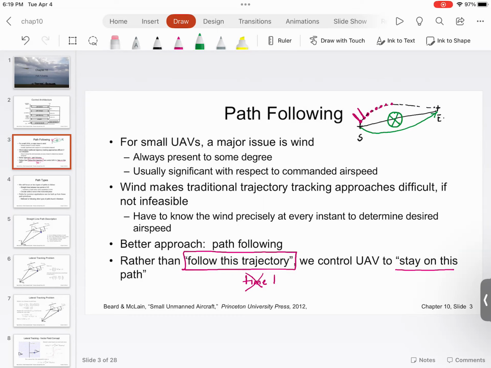So you can make your algorithm very smart, but at the end of the day, the output of that algorithm must be this series of waypoints that you should be programming inside the autopilot so that the UAV can go from the previous waypoint to the next waypoint.